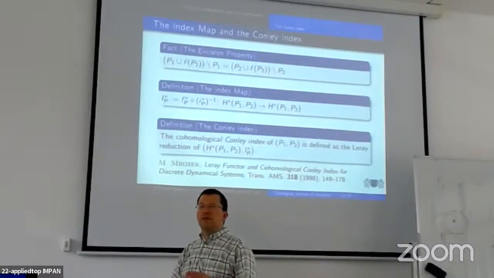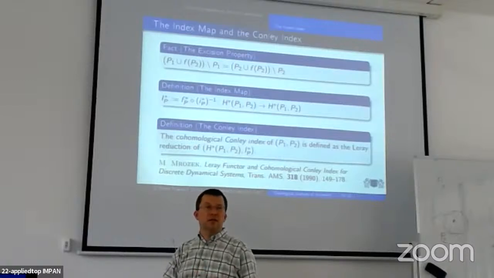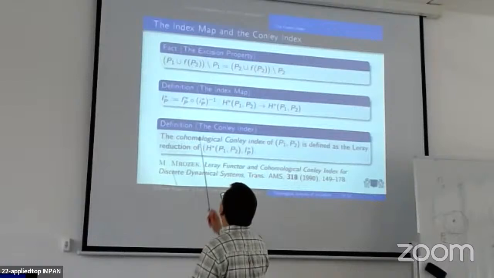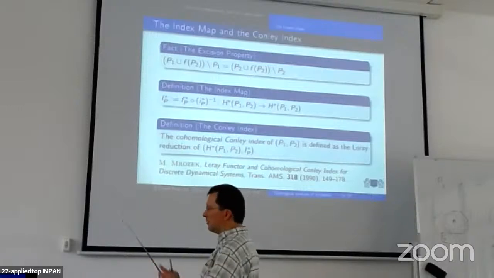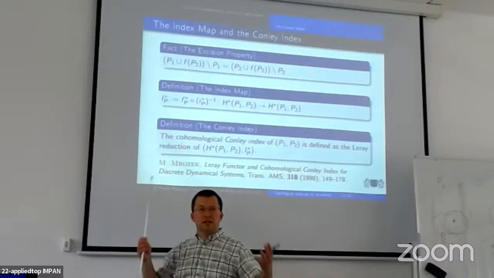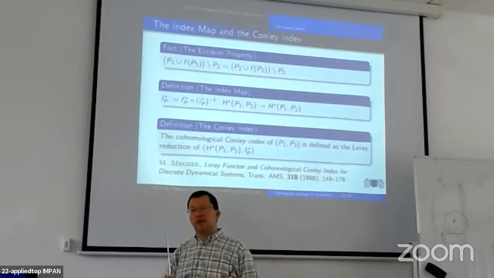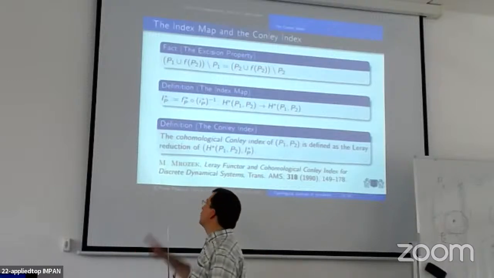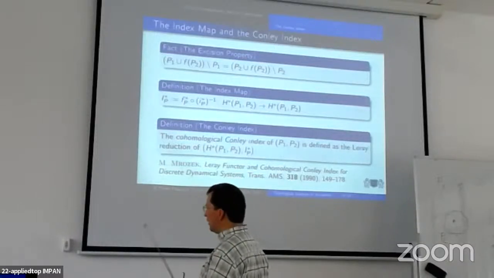So in order to have this property saying that no matter what index pair you construct, it should be the same as long as the isolated invariant set is the same, we need to consider the map and also do some reduction. Like if I take the quotient by the generalized kernel or generalized image, things like that. These are technical things. I'm not going to discuss them here.